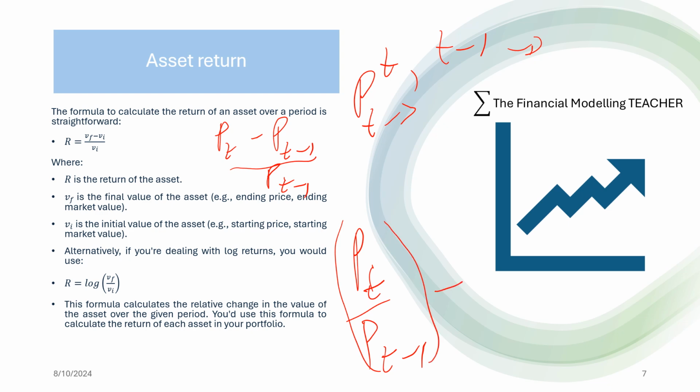Normally people would use this ratio for a simple return. If you look at it this way, we subtract 1 to be left with a decimal, which can easily be converted into a percentage. Or alternatively, without subtracting 1, we have the same ratio, but we now apply the logarithm thereof.